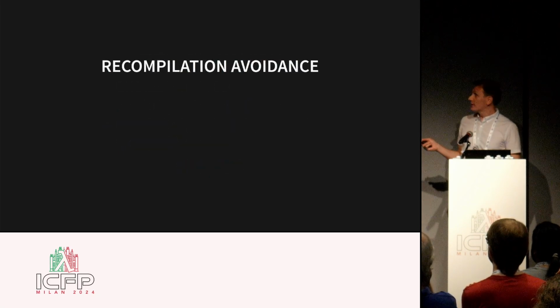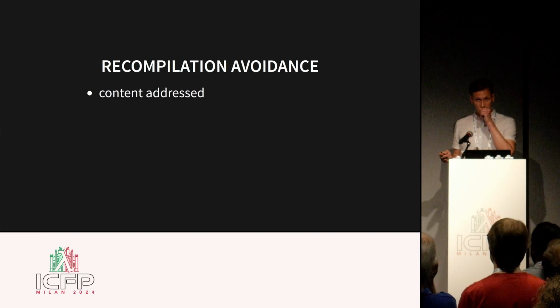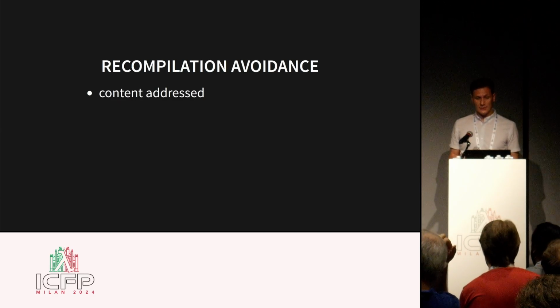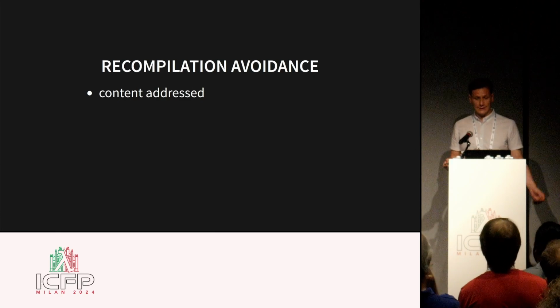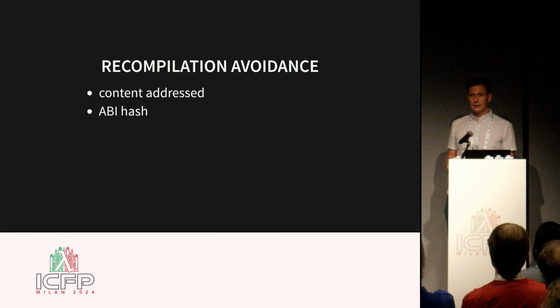Then another topic, recompilation avoidance. GHC make mode is very smart about avoiding recompiling modules if it doesn't really have to. But Buck2, its caching and deciding whether build actions invalidate is based on content hashes. So any change to an interface file would invalidate an action, right? Which is one of the reasons why interface and object file determinism is really important here. But we really only want to invalidate an action when the ABI hash changes, right?